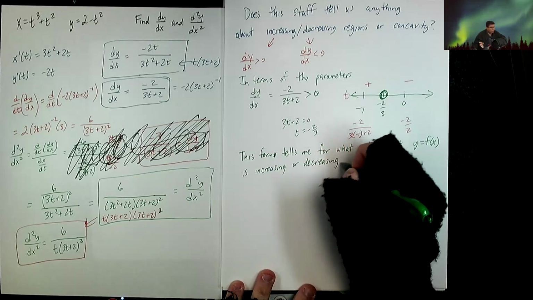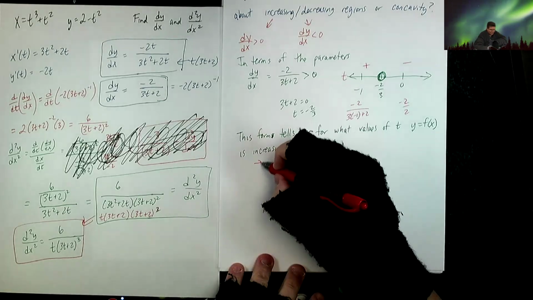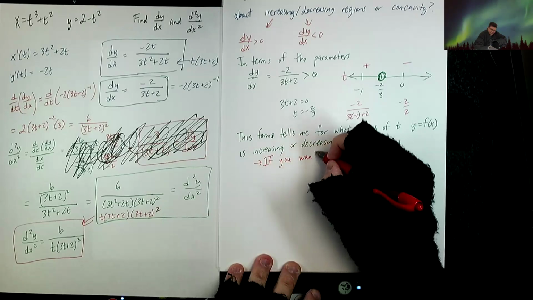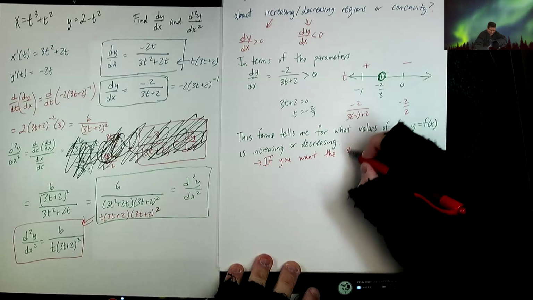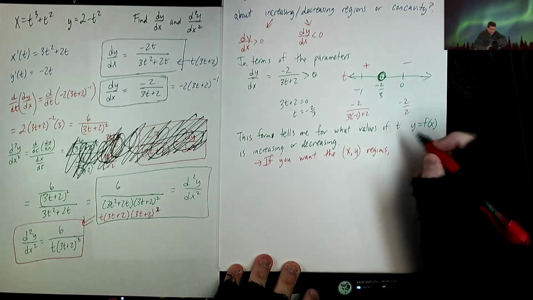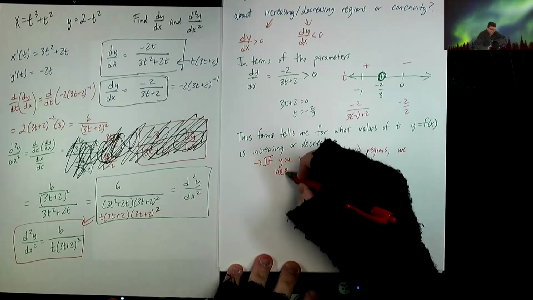It's giving us the time frame, not the x values. If you want the actual regions of increasing and decreasing, let's say XY regions, we need to find the values where it shifts.